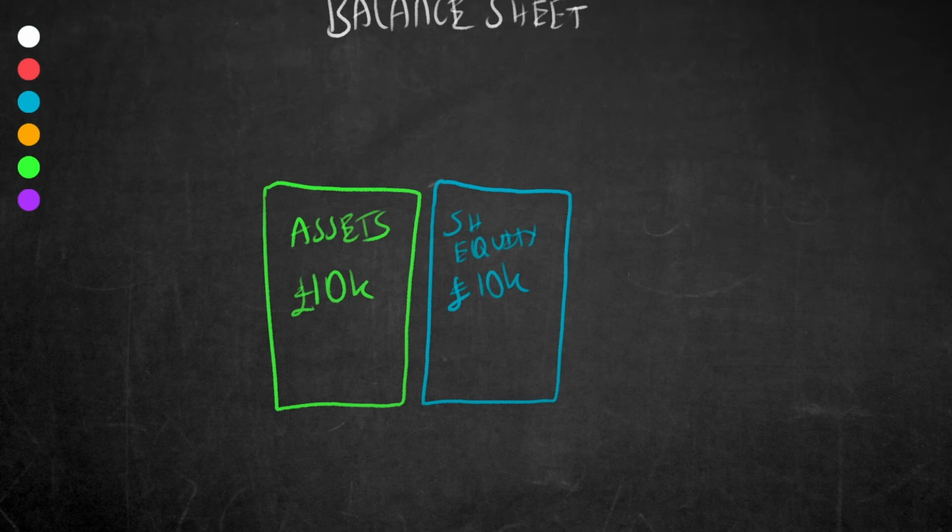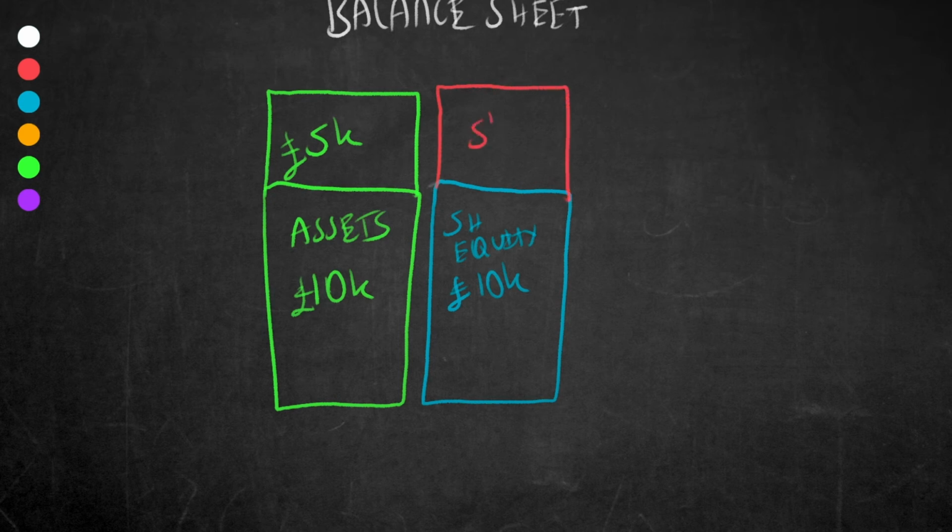That £5,000 now is added to your assets. So you've got 5k more because of that £5,000. However, at the same time, you now owe the bank £5,000 of liabilities.